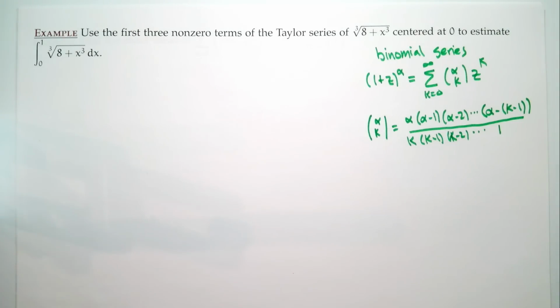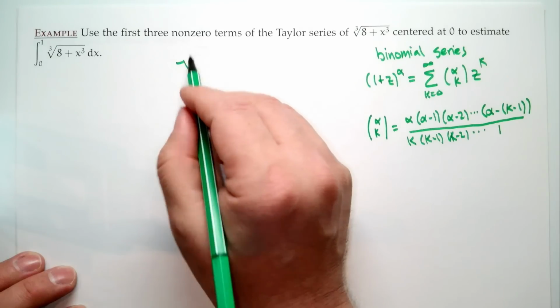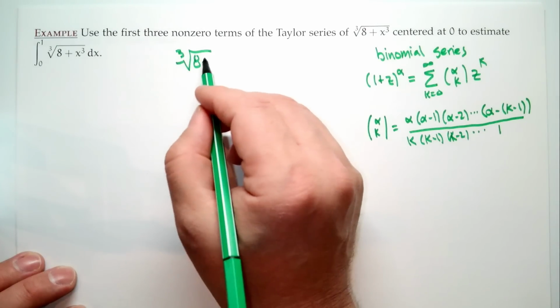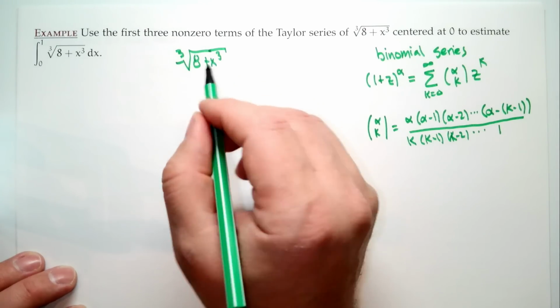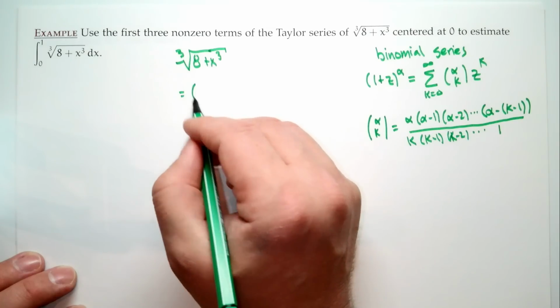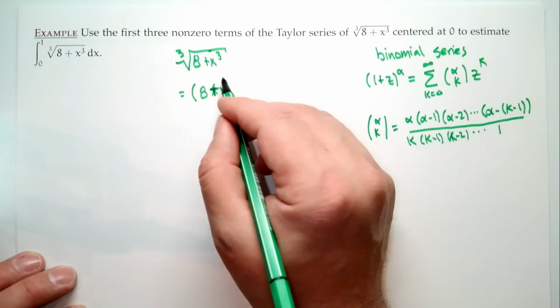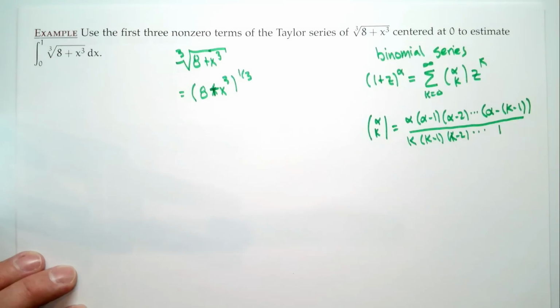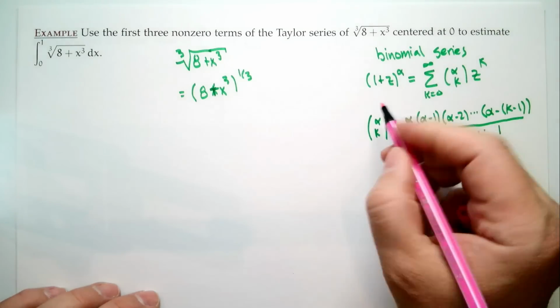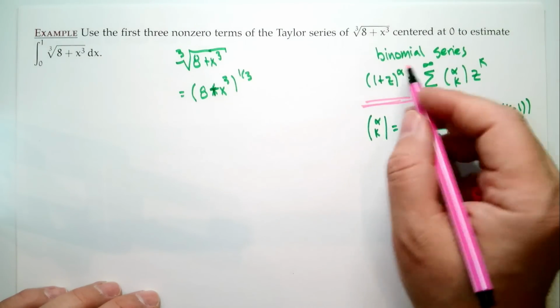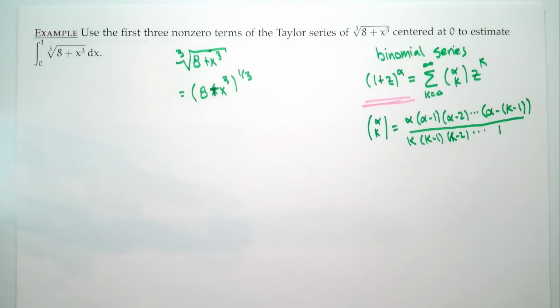Why do I point this out? If you look at the cube root of 8 plus x cubed, what's another way to write this? This is 8 plus x cubed, to the 1/3. One of our goals is to learn to fit the mold, so I want to make it look like 1 plus something to a power.